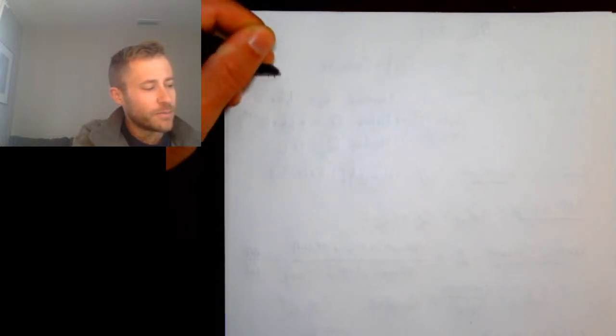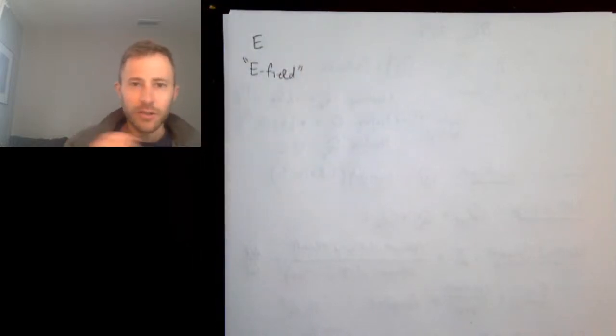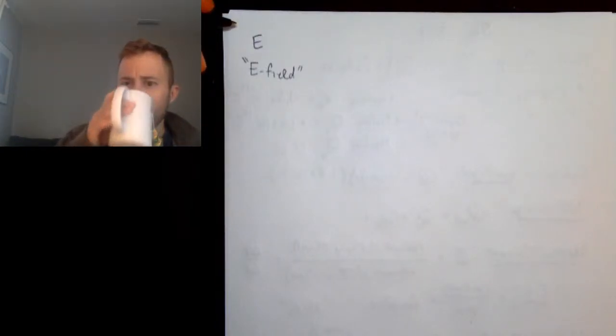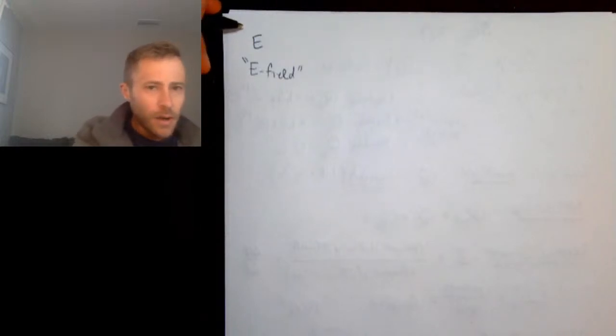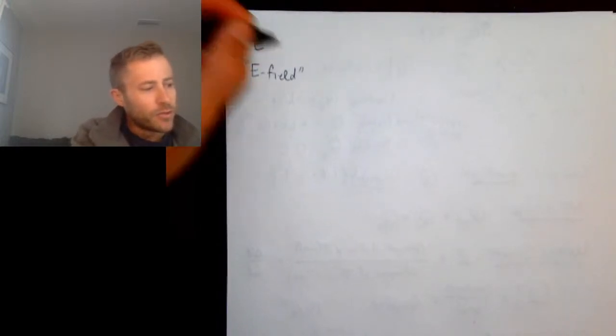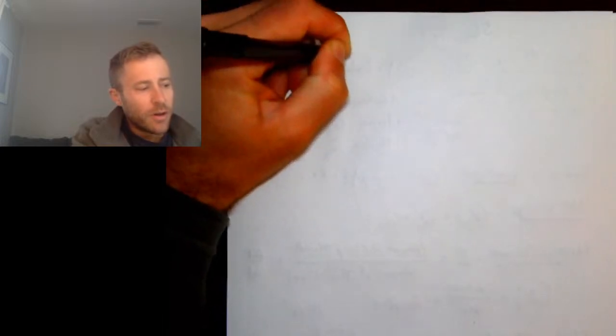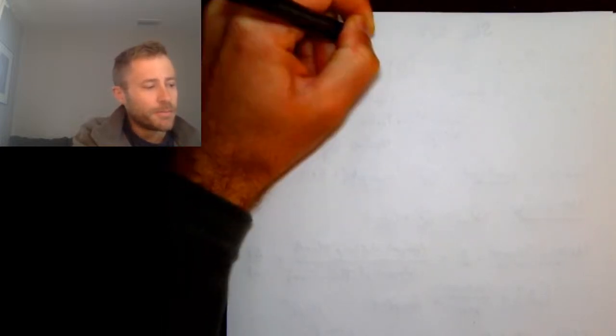The electric field is denoted by E. In fact, if you want to sound like a physics person, you could call it not the electric field, but the E field. That's physics lingo. The units of electric field are newtons per coulomb.